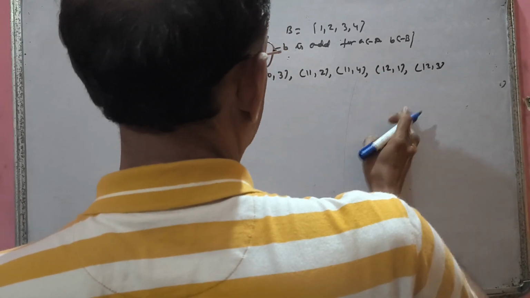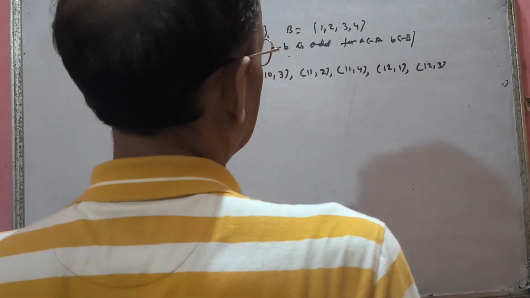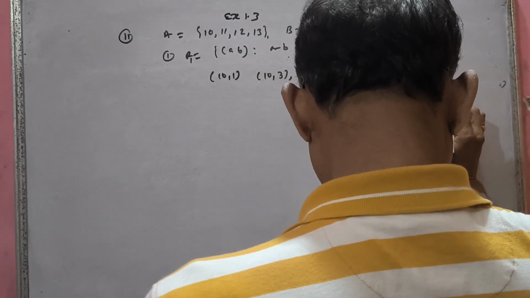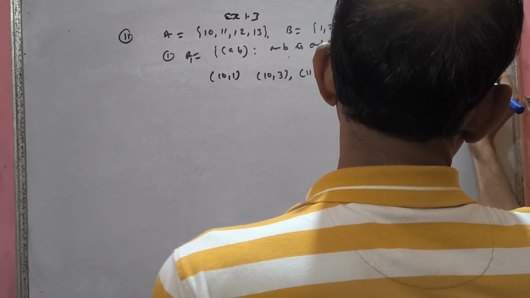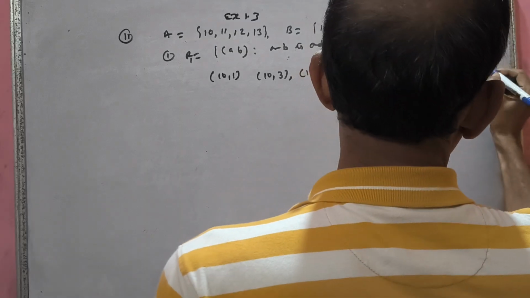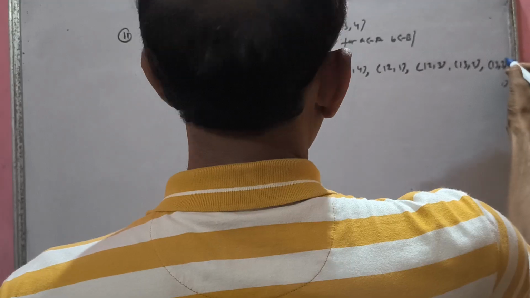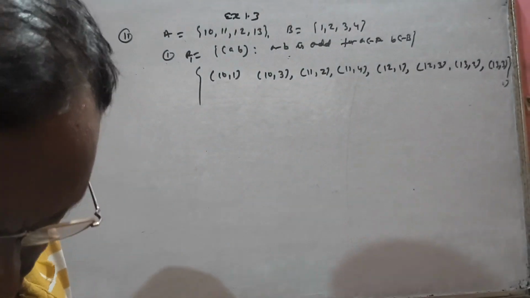Then 13, 2 and 13, 4. So this is R1 equal to. The question is asking to find R1.